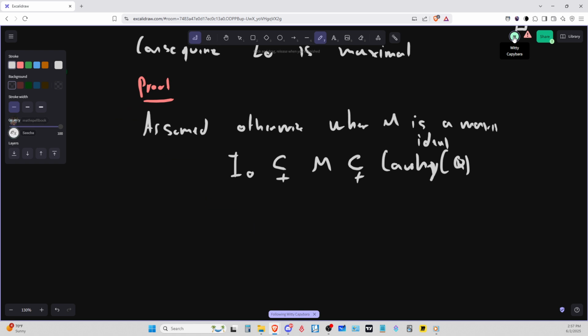So assume otherwise. Therefore, there is going to exist some sequence xn inside of M, such that xn is not inside of I0.